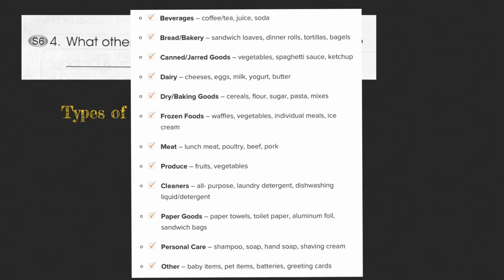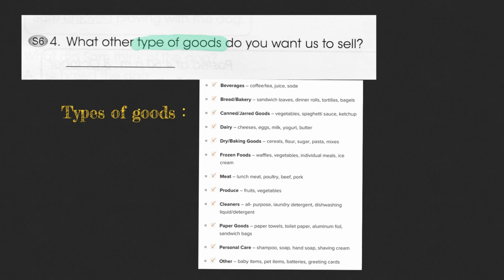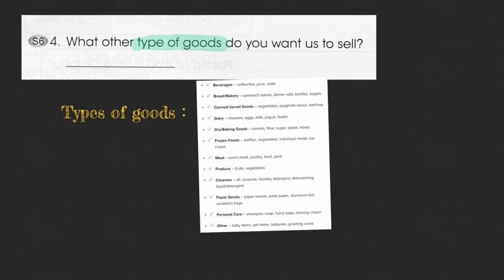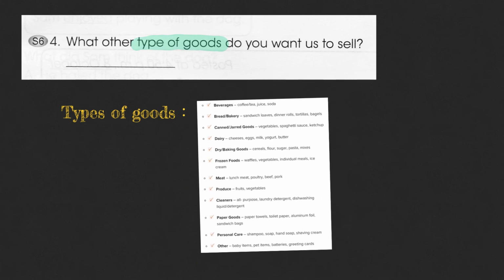But keep in mind that it is a general list only. It does not include all types of goods that you can find in a supermarket. Anyway, I'm sure now you know what specific information you need to listen to for this question.